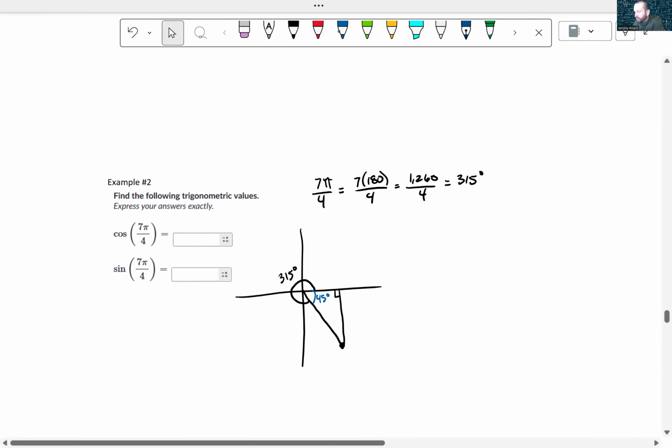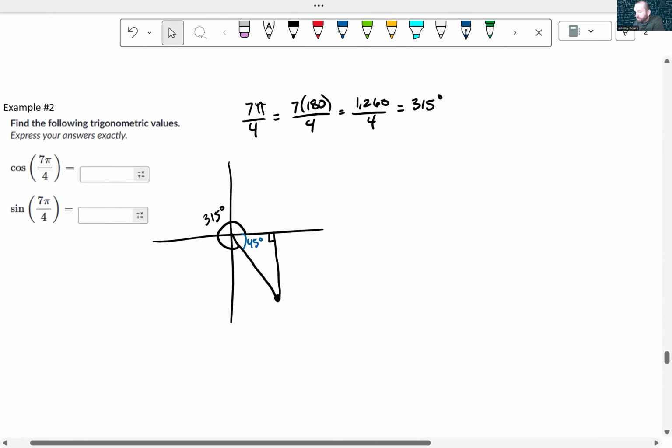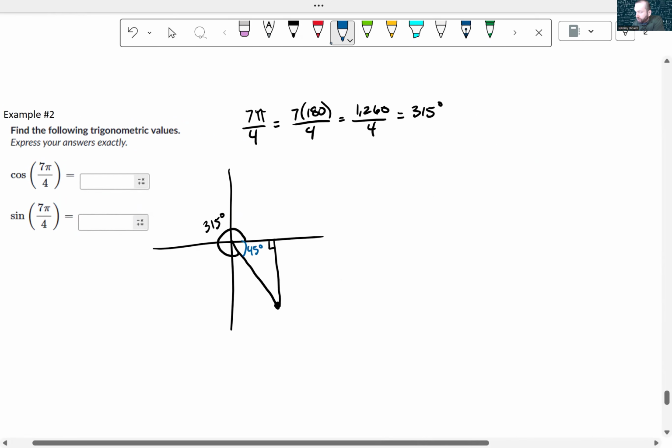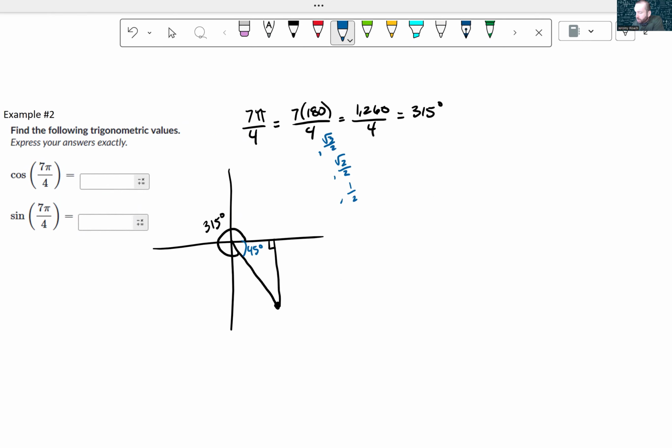So again, if we look at our unit circle in the beginning of our unit circle, it goes for sine, it starts small and it goes larger. And for cosine, starts larger, gets smaller. And this is for 30 degrees, this is 45 degrees, and this is 60 degrees.